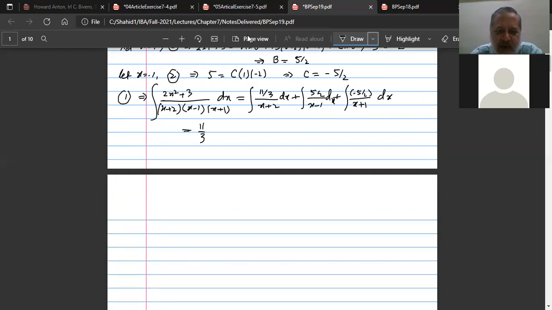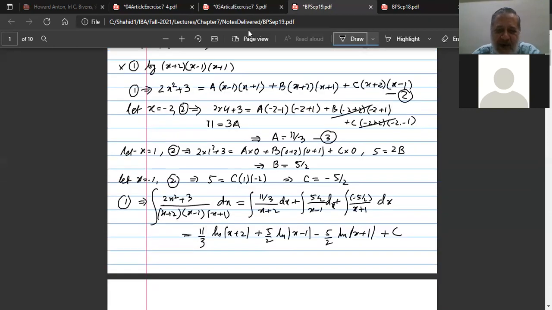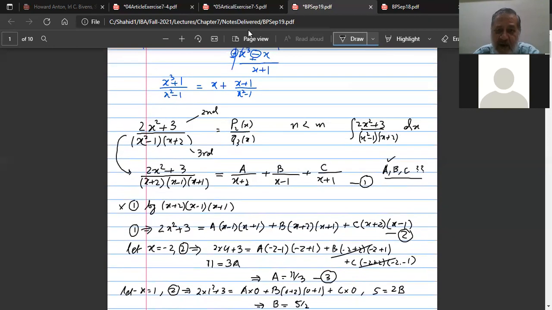Constant taken outside, x plus 1 upon x plus 2, x plus 2 derivative 1 ऊपर है, so ln of x plus 2 plus 5 by 2 ln of x minus 1, minus 5 by 2 ln of x plus 1 plus c. So that completes a description of what case?